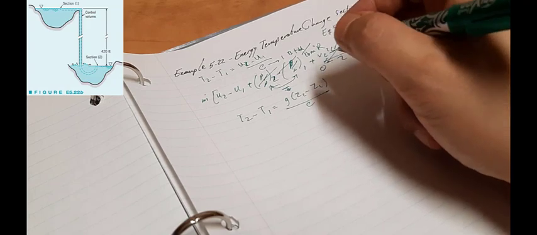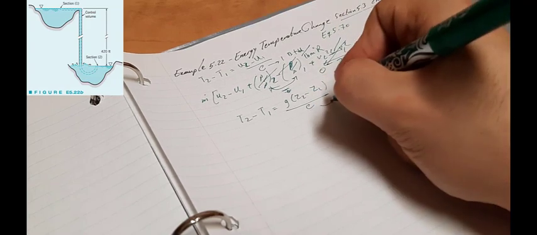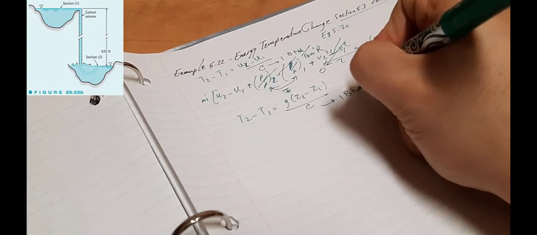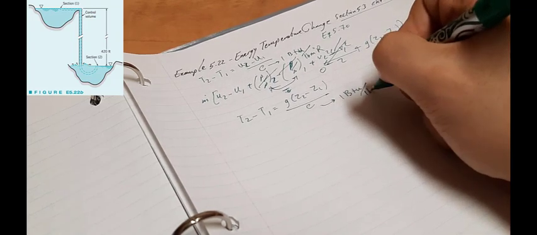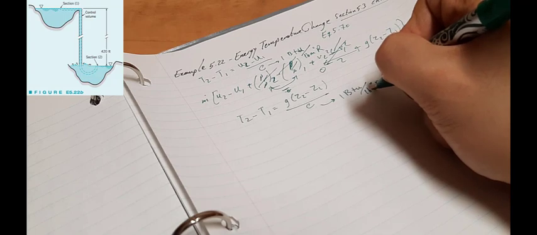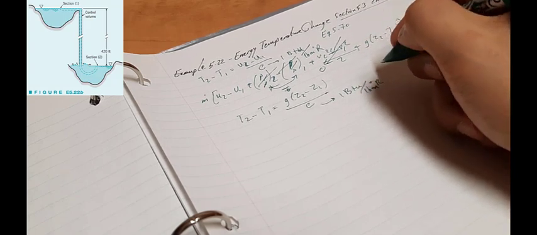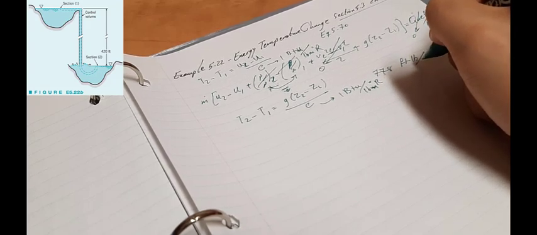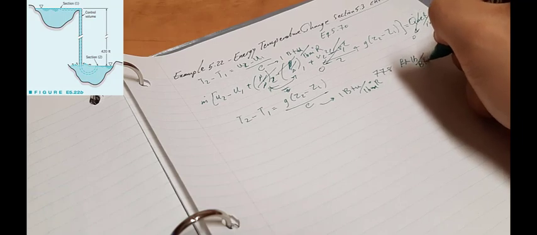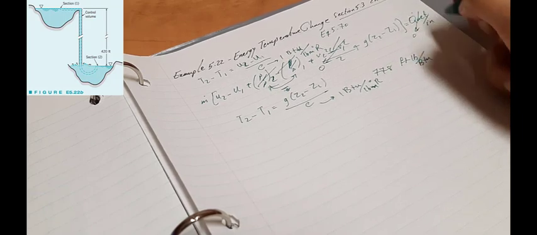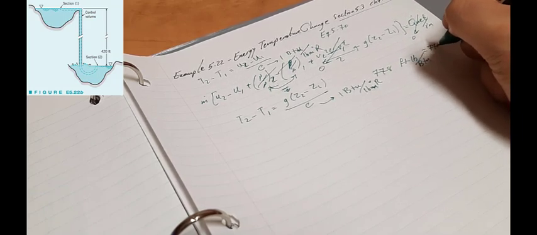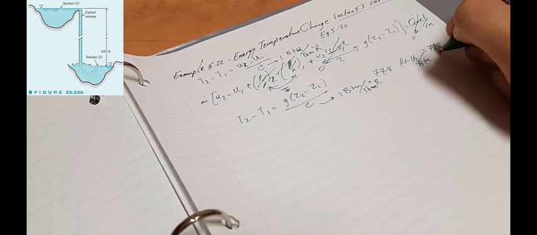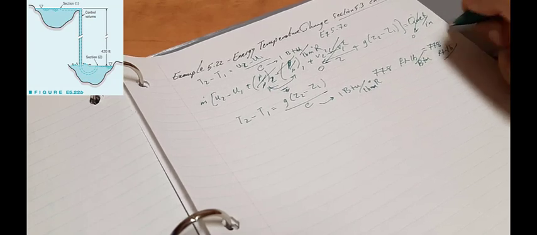This is equal to 1 BTU over LBM degree of Rankine multiplied by 778 feet LB divided by BTU. So it's going to be equal to 778 feet LB pound over LBM degree of Rankine.